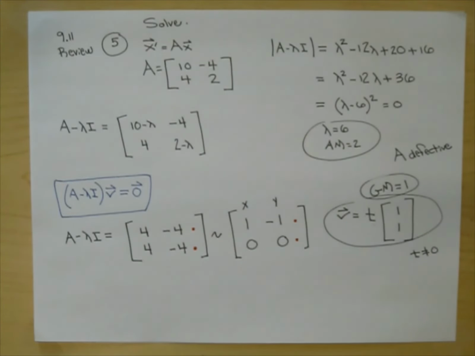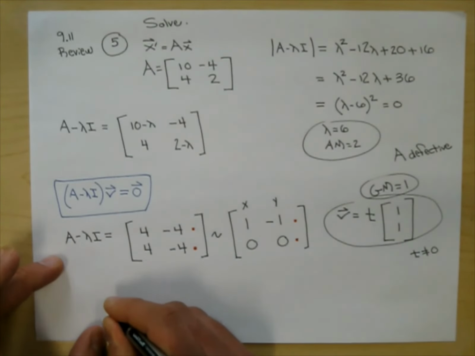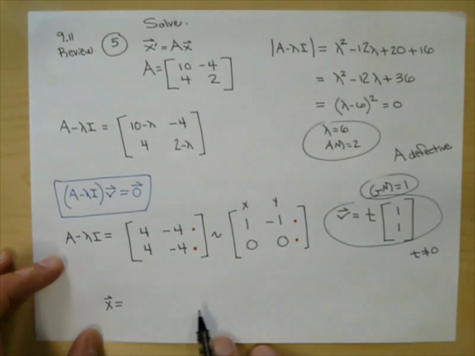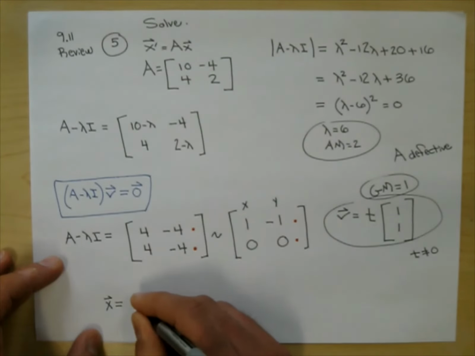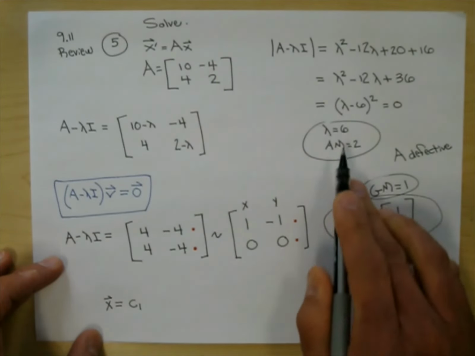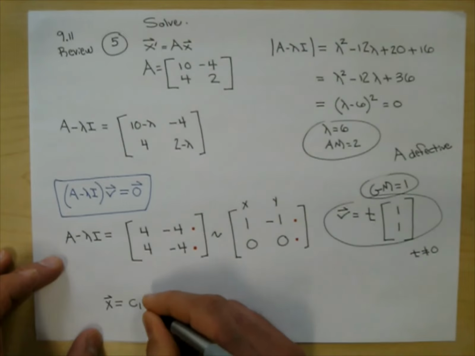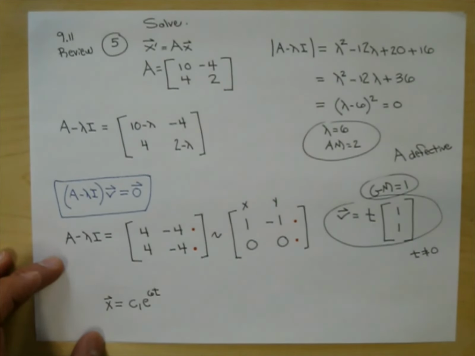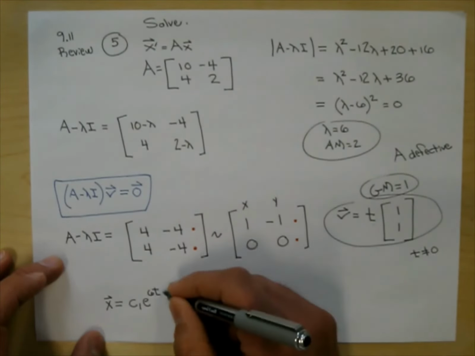Well, I can write out almost the whole solution, and that's what I'm going to do. I'm going to say that the solution is this. That's what I'm trying to find, x bar. It happens to be C1 e to the 6t times an eigenvector. So the eigenvector I'm going to use is just 1, 1.